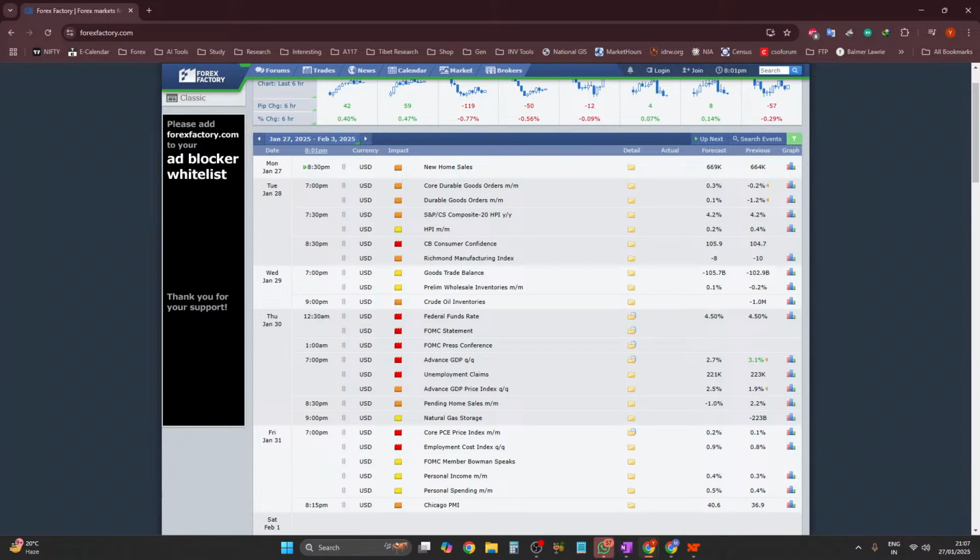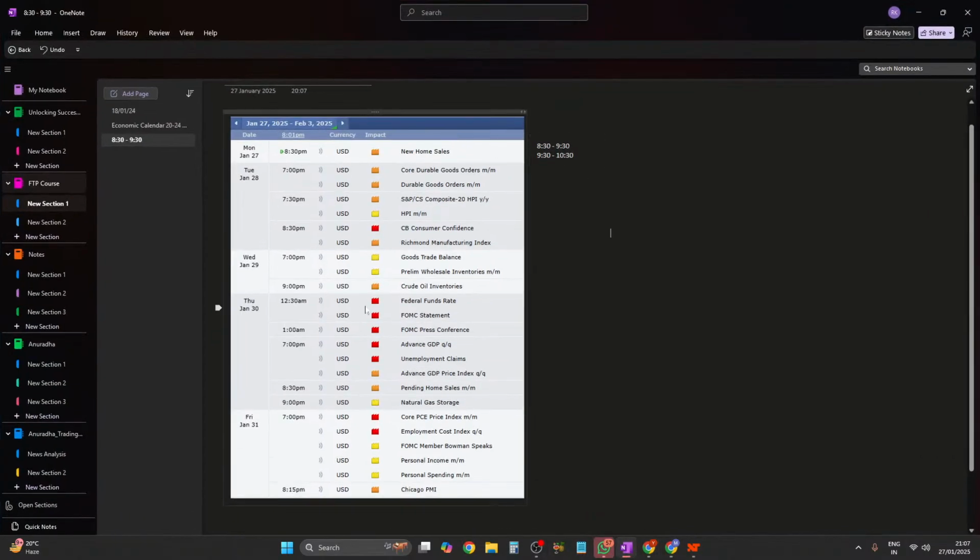On the economic calendar now, I was trying to show how I schedule my trading hours based on this calendar. So for today, as I said, 8:30 to 9:30 is a good hour to trade in. Then let's look at tomorrow. Tomorrow there is news at 7, again at 7:30, and then at 8:30.